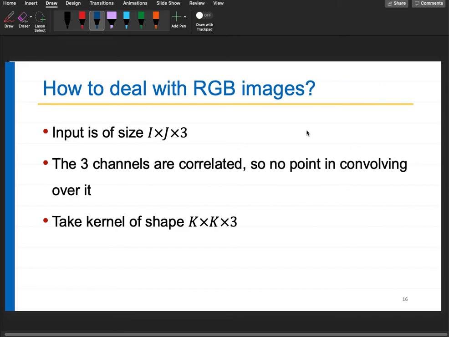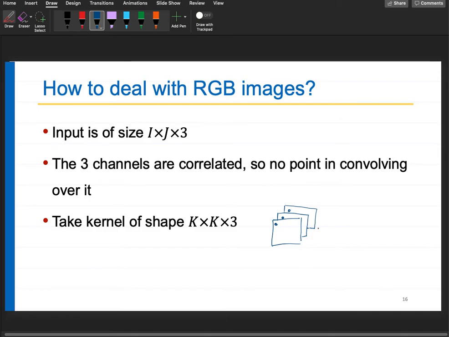It is not clear. So basically, when you have an image which has 3 channels, and these channels are always highly correlated, right? Generally they are correlated because they correspond to the color, right?